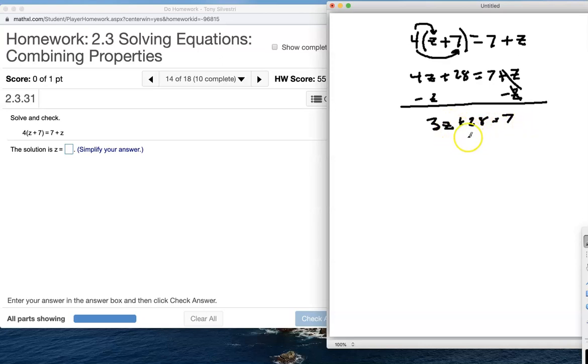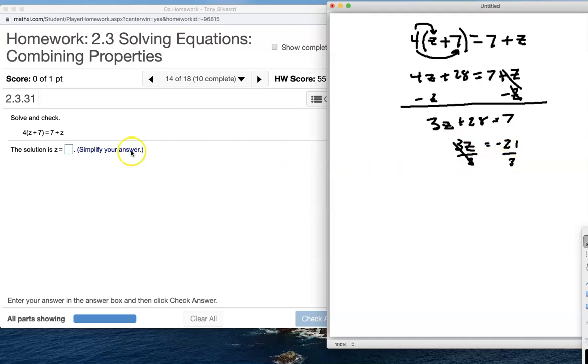I'm going to subtract 28. Now, this looks like a problem we've done many times, so I'm going to subtract 28. Okay, so when I subtract 28, that leaves me with the 3z. The 28s go away, so 7 minus 28 is negative 21. And that's a nice, I just bet that's the answer, because very few times have we got fractions.